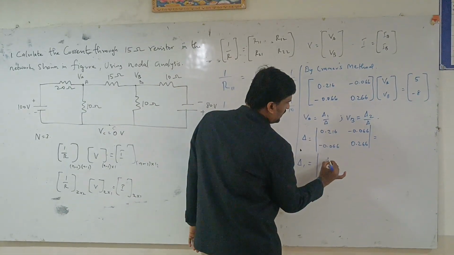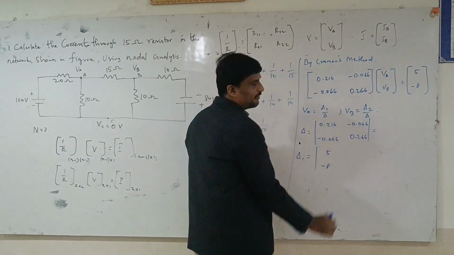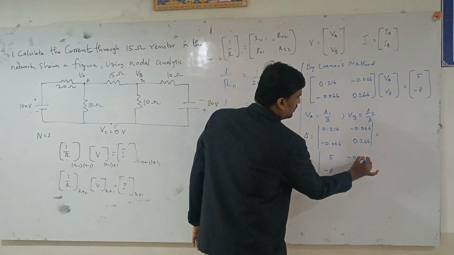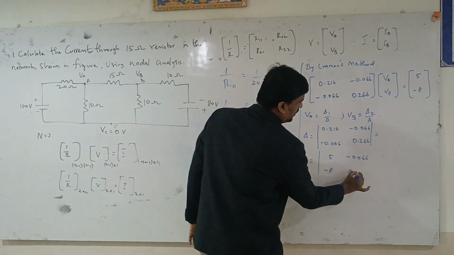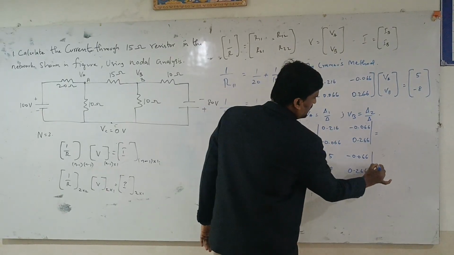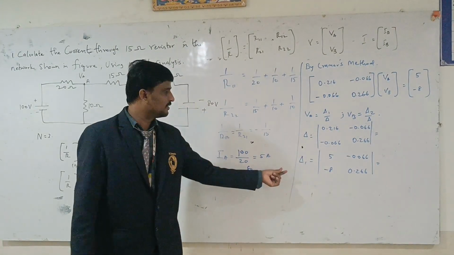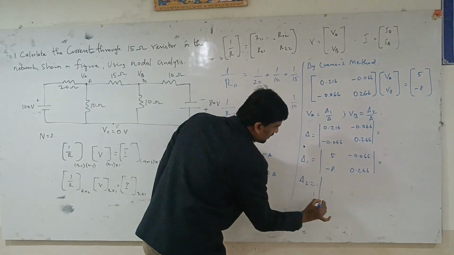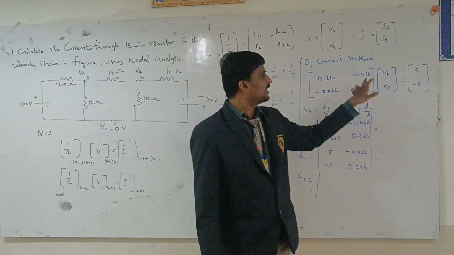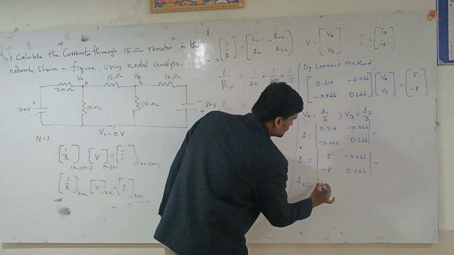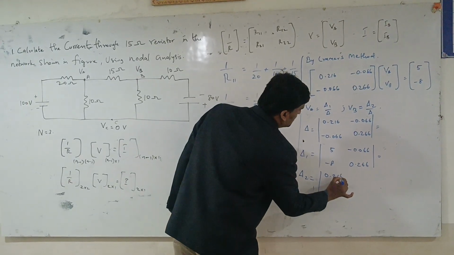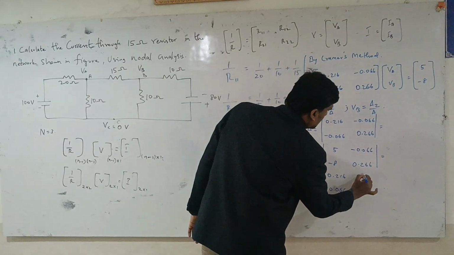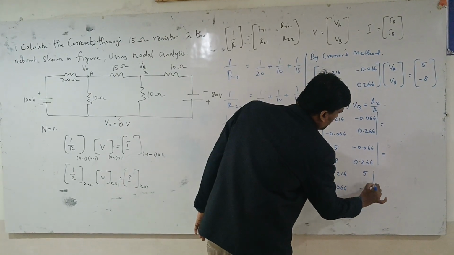So here it is 5, minus 8, and we keep the second column as it is: minus 0.066, 0.266. Next, del 2. We replace the current values in the second column, so it is 0.216, minus 0.066 and 5, minus 8.